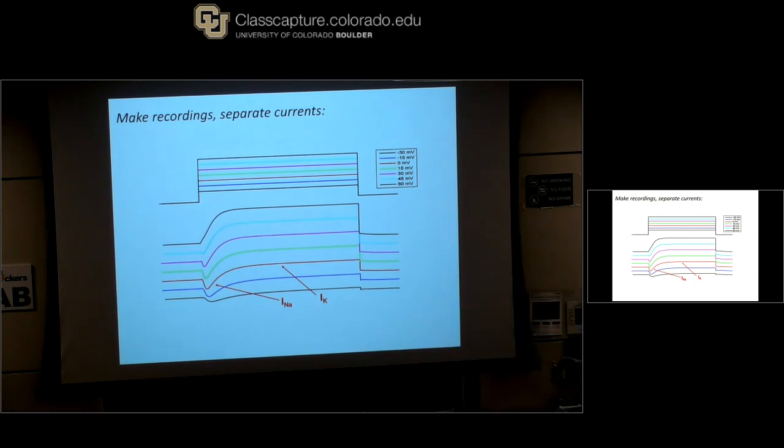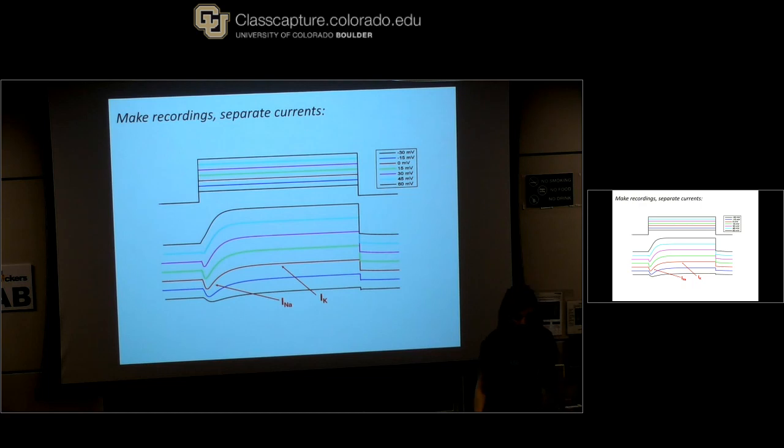That's going to be a combination of things that they inferred were sodium and potassium by doing some clever chemistry. Then you could take various steps here. Here we go from minus 60 up to, say, plus 45 and then back down. You get this cyan curve, and so on and so forth.